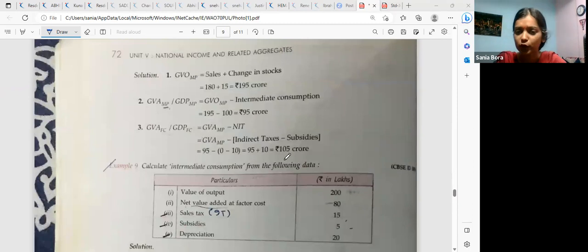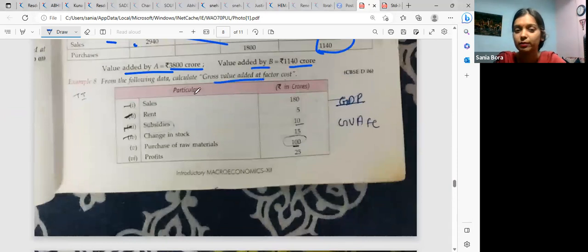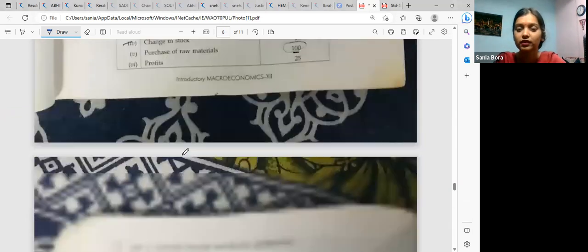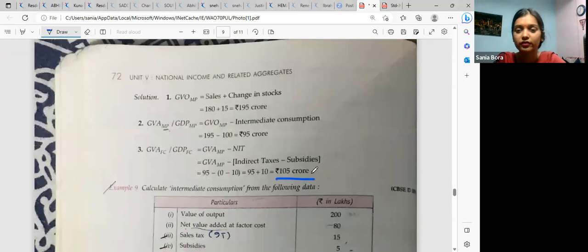For question 8, you got 105. In this question you have to calculate GVA at MP; sales, rent and subsidies were given. So it was 105. Check it. Ritika, same?